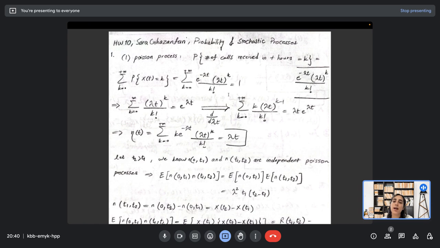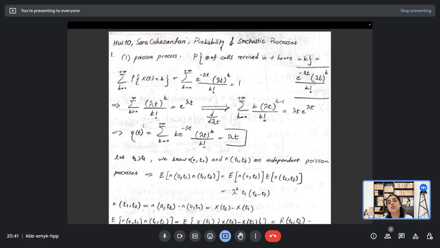And now we want to calculate the mean of the Poisson process. To calculate the mean, we know that the sum of the Poisson process from minus to plus infinity, so the sum of lambda t to the power of k divided by k factorial, is equal to e to the power of lambda t.